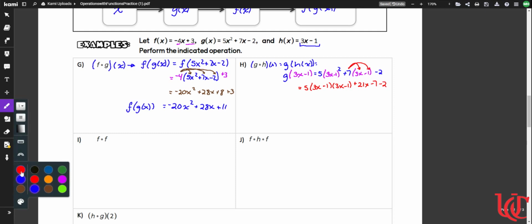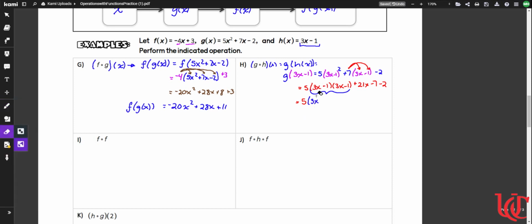So now when I distribute, I'm going to put my terms out, but I'm also going to combine like terms. Shortcutting it, actually I'll just rewrite what I have. So this is 9x squared, sorry.